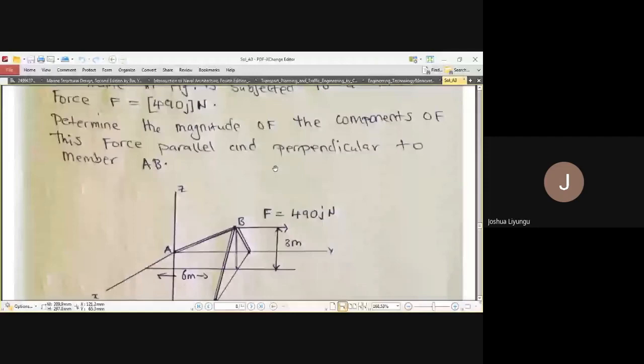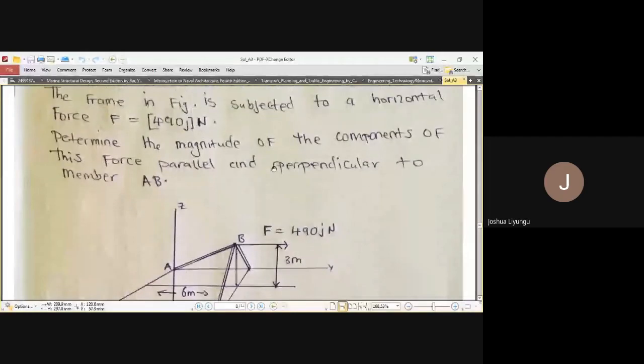We have been given the F, it is 490 Newton in Cartesian notation. So this simply means the component in the X and the component in the Z are zeros. In other words, F is equal to 0i plus 490j plus 0k in newtons.